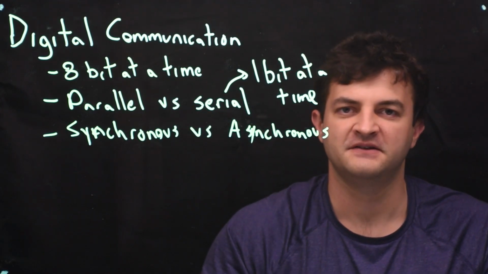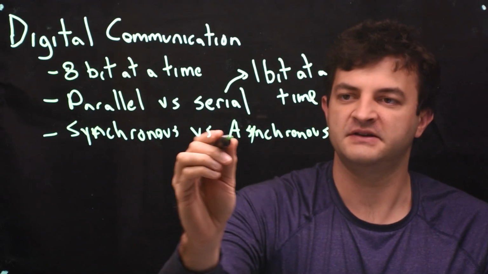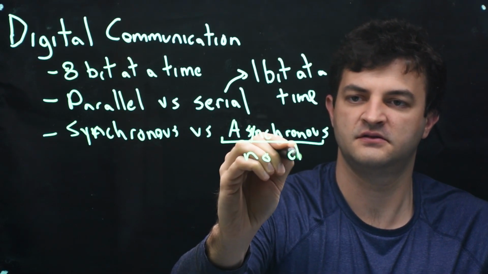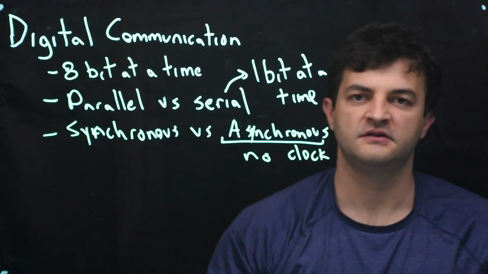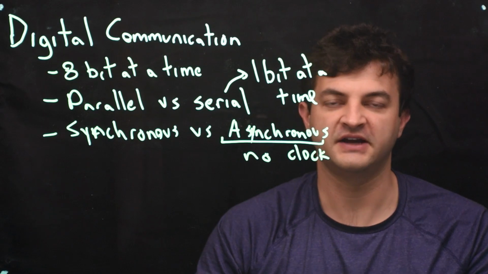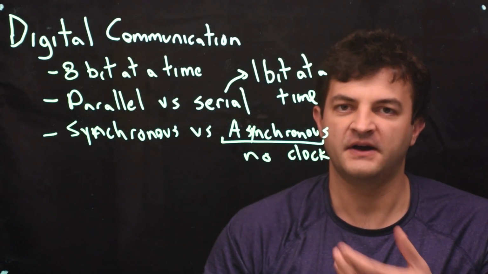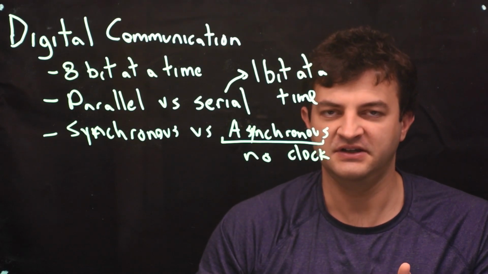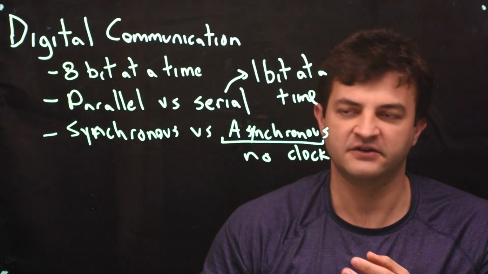So, asynchronous means that there is no clock. So if we're asynchronously communicating, right now I'm asynchronously communicating with you because I'm speaking at a certain rate and I'm not telling you when you should listen to me. You're figuring out how to do that yourself.